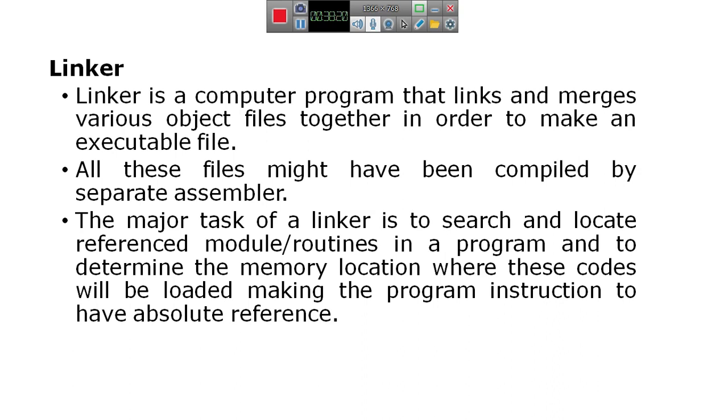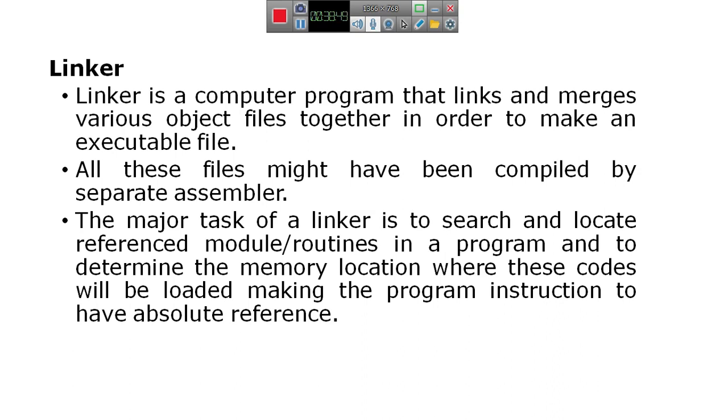The code of these functions is written in the library. To execute these input as well as output statements, that code is required to be added into our program.